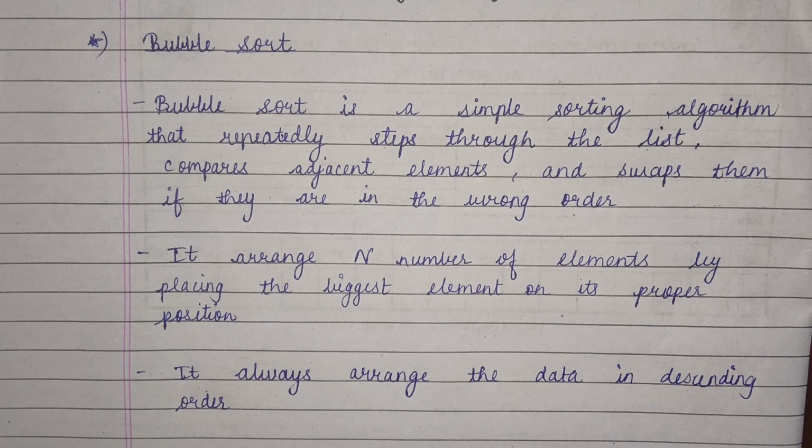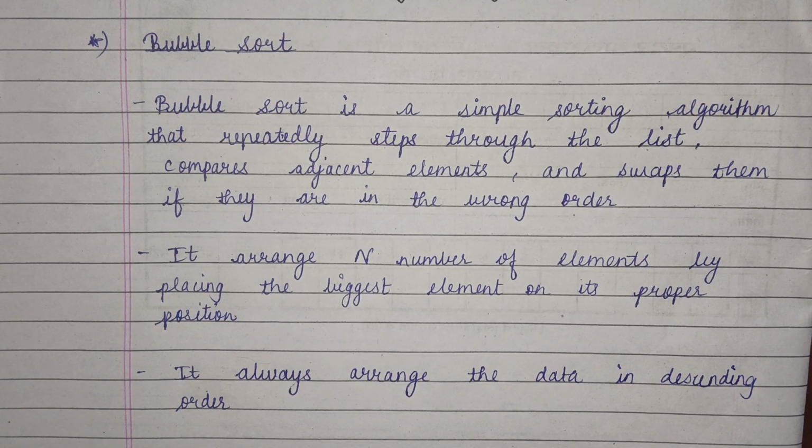Basically it is a comparison based algorithm, and if the numbers are not in the correct position, it swaps those elements and places each element into its proper position. So the bubble sort algorithm does that.